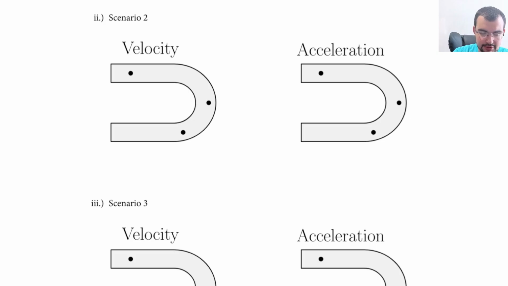Then for scenario 2, so this is the speeding up. I know we can't accurately show it, but just to kind of get a sense of things. We know they are still turning on this path. I'm just going to show their velocity sort of getting larger. Now, we do know that there will be a radial acceleration component, just like last time.